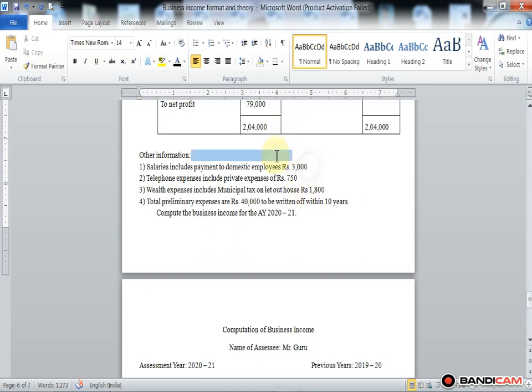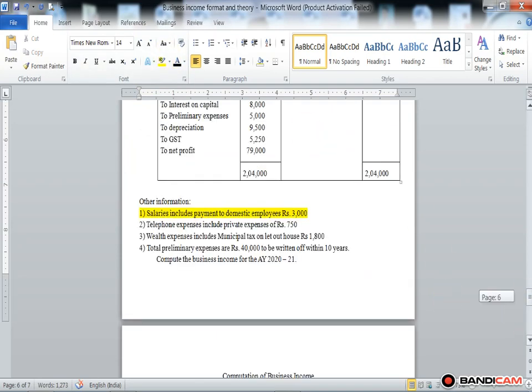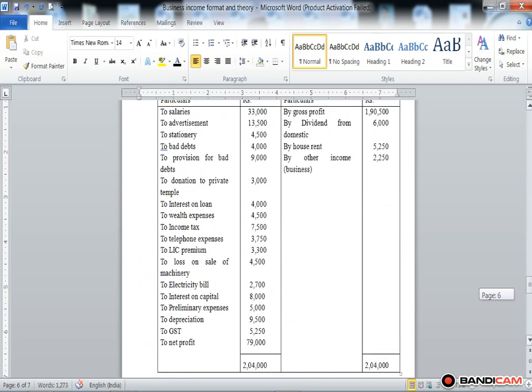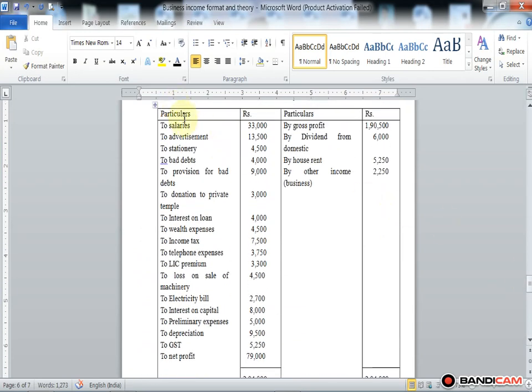So here we highlight it in yellow color to note that the salary includes 3000 for domestic purpose. All personal expenses are disallowed.